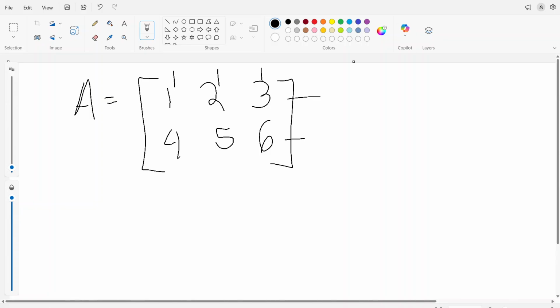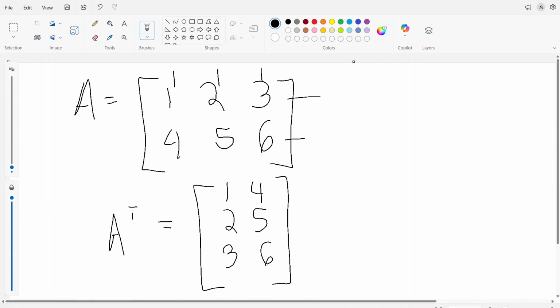The second row is 4, 5, 6, and that will become the second column. So the transpose becomes [1, 4; 2, 5; 3, 6]. Notice that the original matrix was a 2 by 3, and in the transpose, it becomes a 3 by 2.